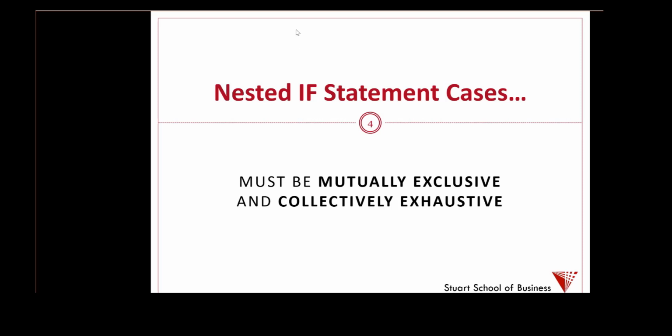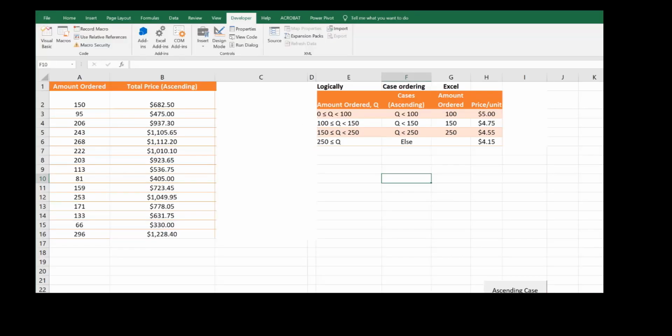Again, if we go back to the spreadsheet, what we see is that if I give you any order quantity, any amount ordered, say 113, it can only satisfy this condition, because it is not less than 100. And once we've done that, 113 can only satisfy this condition.